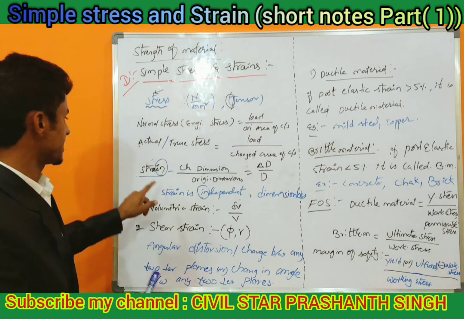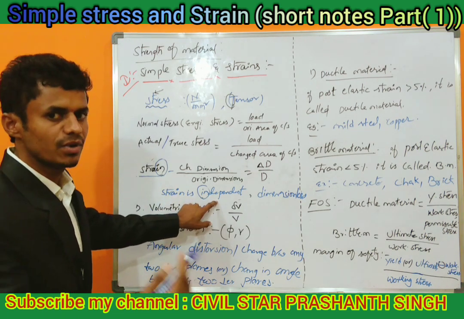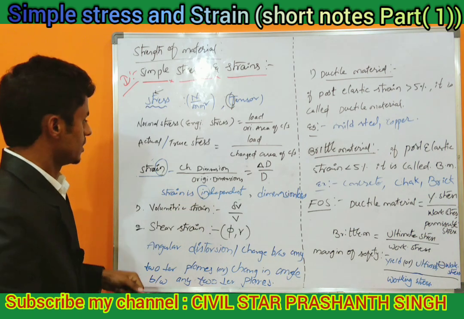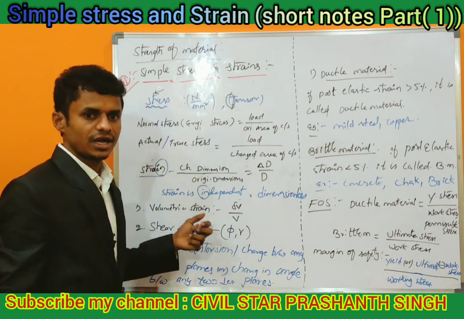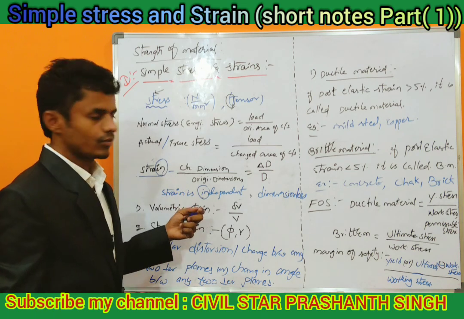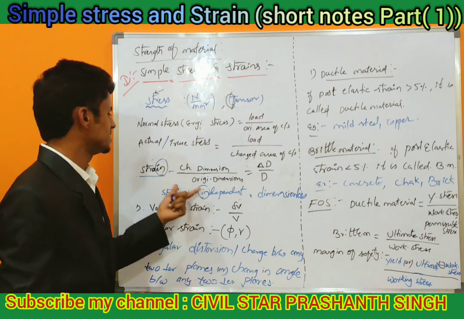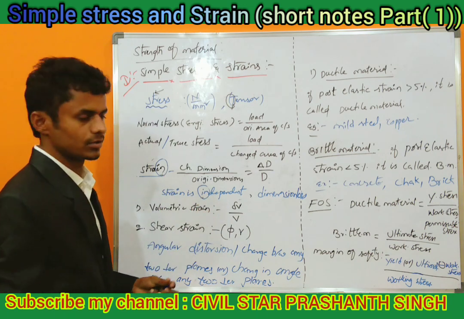So we can say that strain is independent. In the examination, in a hurry or tension, we may mark the wrong option. So if you remember it in this way, it is very simple.